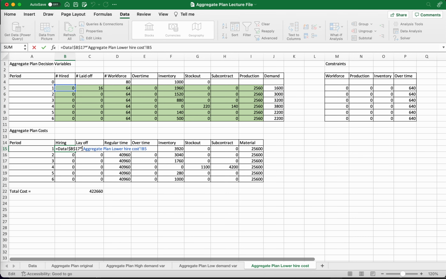I don't want to make changes in the original data. Hiring costs, instead of being $300, I'm going to make it $250 for hiring. And layoff costs, instead of being $500, I'm going to make it $450.